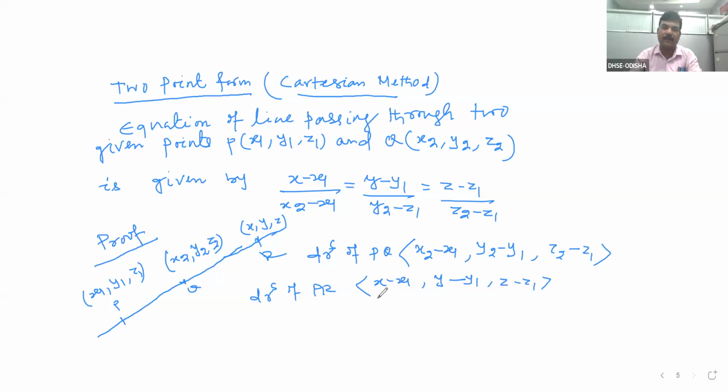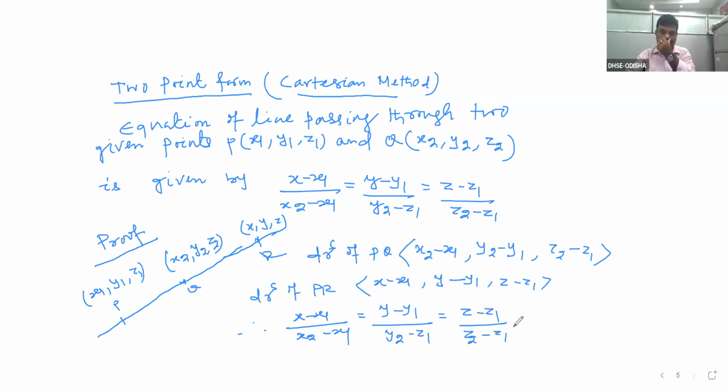These two sets of DRS will be proportional. Thus, (x minus x1) upon (x2 minus x1) equals (y minus y1) upon (y2 minus y1) equals (z minus z1) upon (z2 minus z1). Right? Quickly note it down.